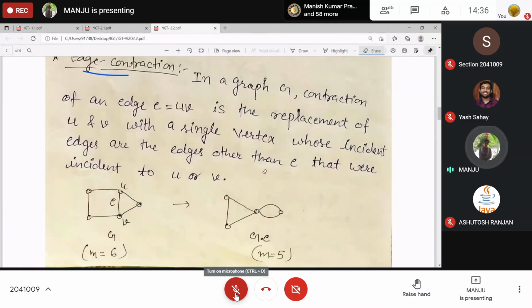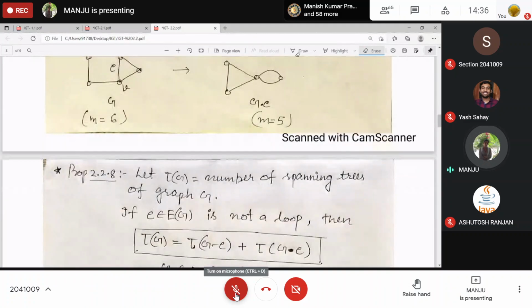So by using this, we have a formula for the number of spanning trees of the graph G, whenever e is not a loop. You cannot take e as a loop, otherwise it will just be a point.